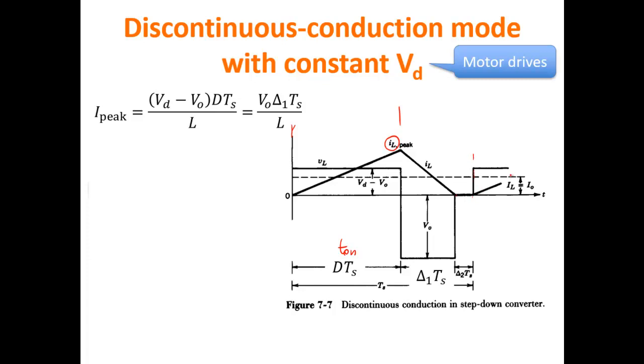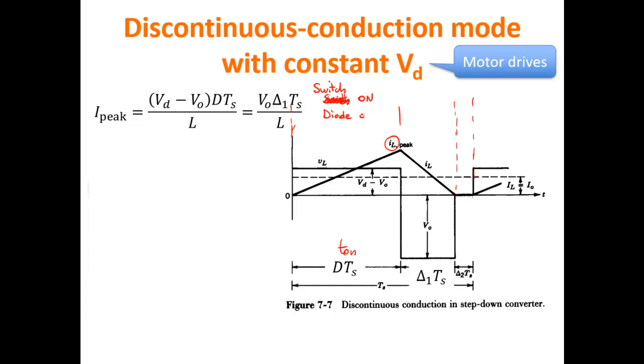So instead of having two different phases in one period, we have 3 different phases. We have a phase during which the switch is on and the diode is off.